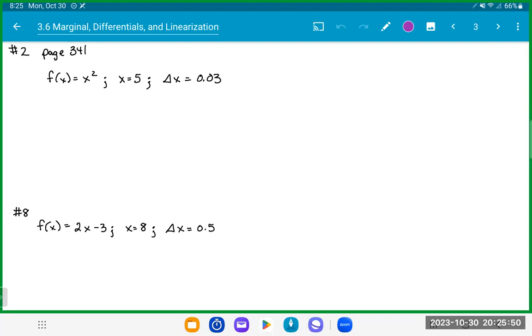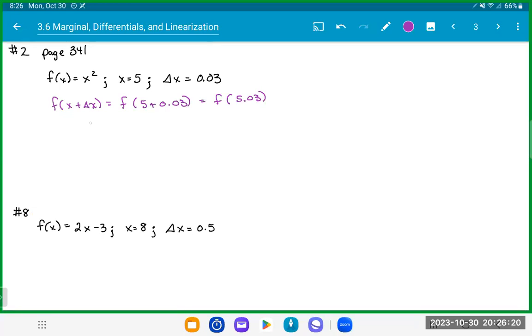So when we're looking at this, we first want to evaluate this at x plus our change in x, okay? So f evaluated at x plus our change in x. So that's going to be 5 plus 0.03, and that equals 5.03, okay?